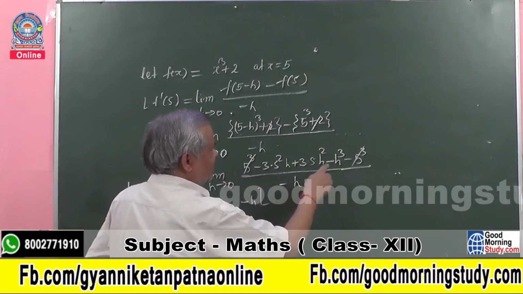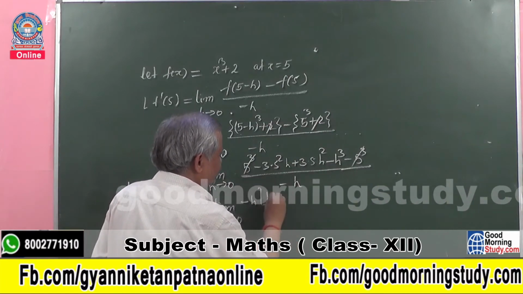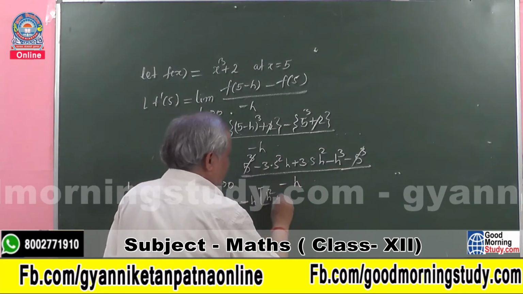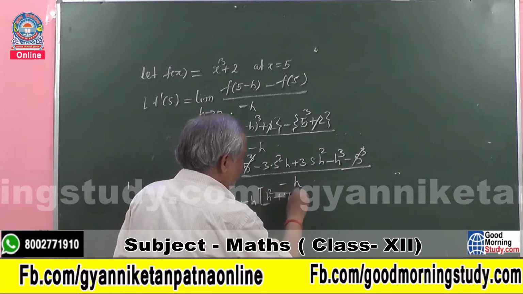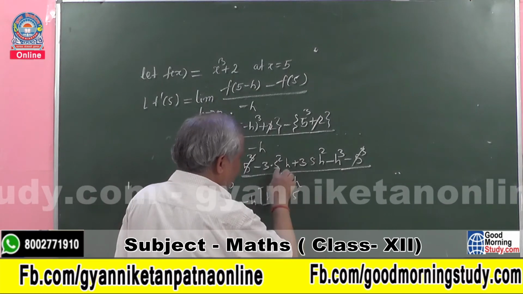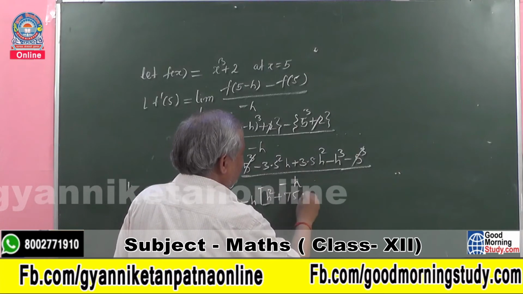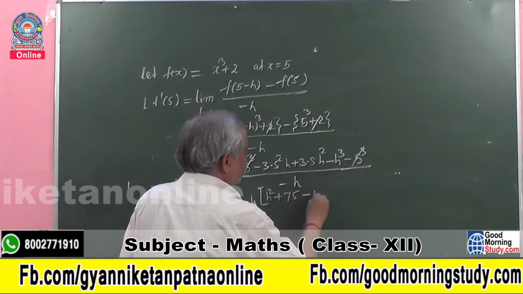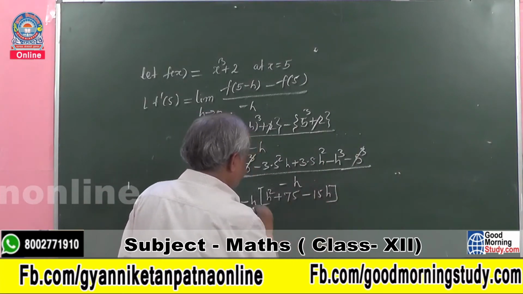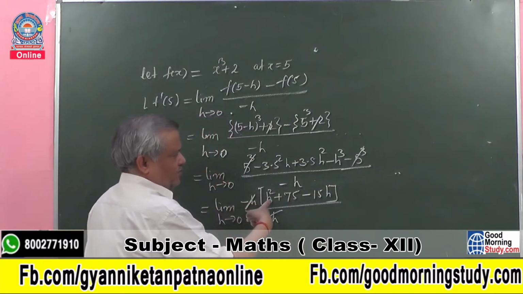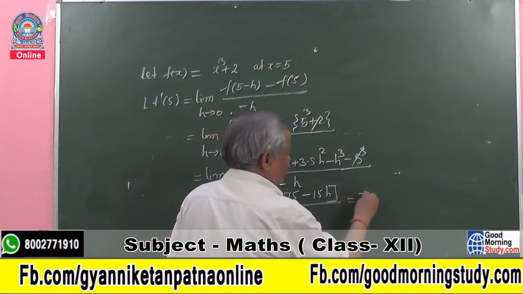What remains here? h square becomes plus, this becomes plus, that is plus 75h, 75h is already common, and minus 15h, divided by minus h. Cancelling it and putting h is equal to 0, we have it is equal to 75.